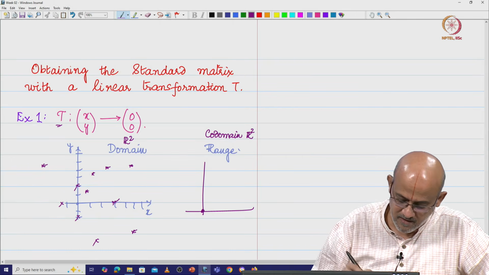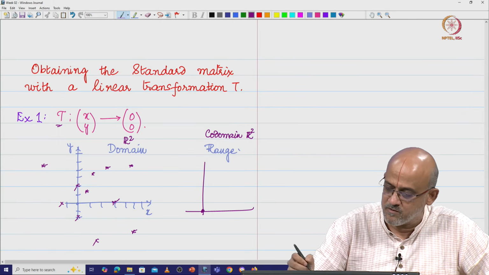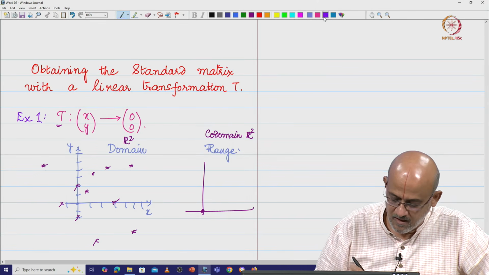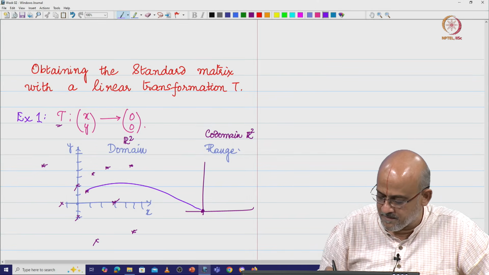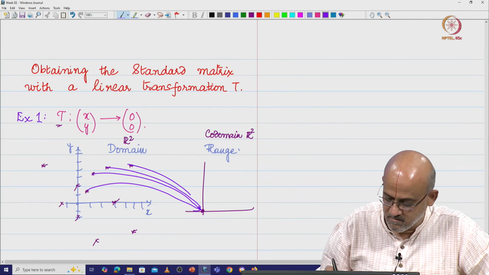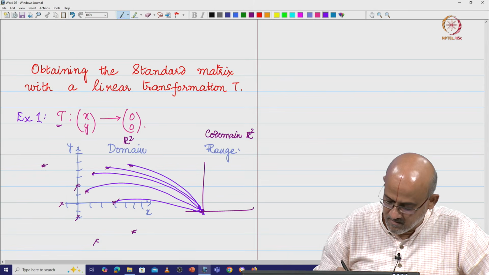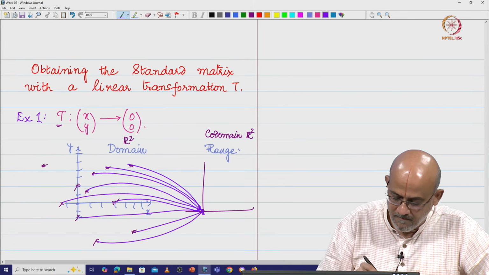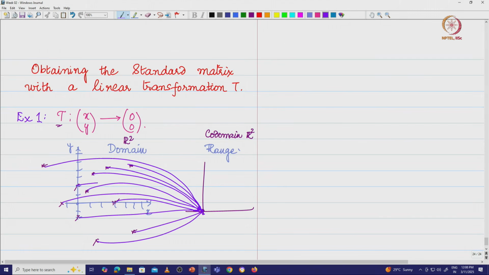This transformation says, look, you give me anybody, I am going to map here. Every vector here is going to get mapped to the 0 vector there.